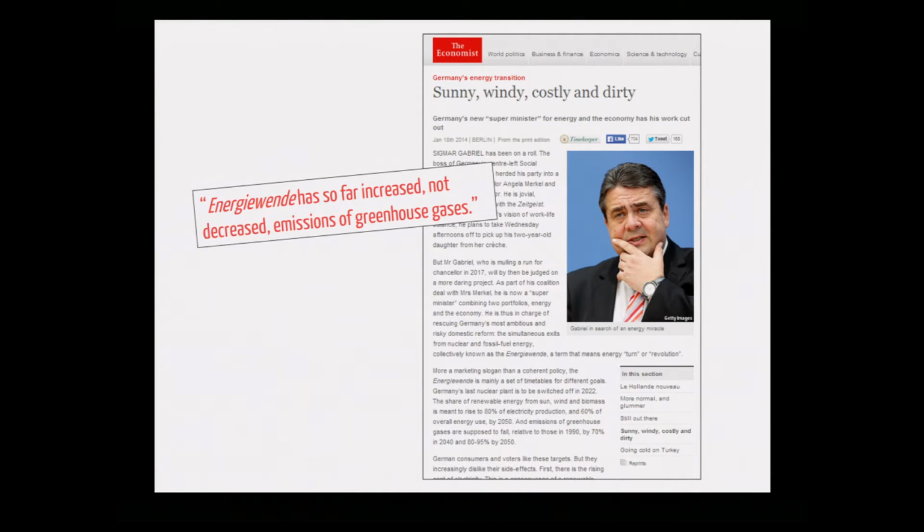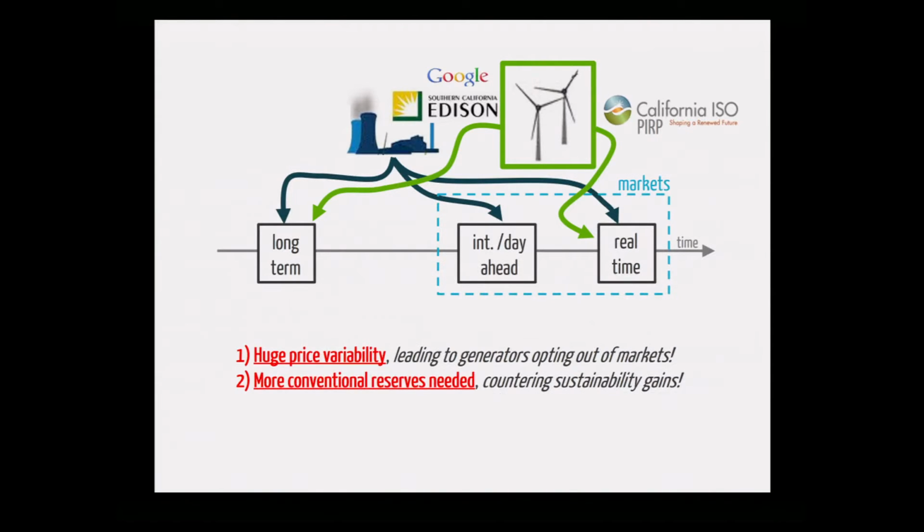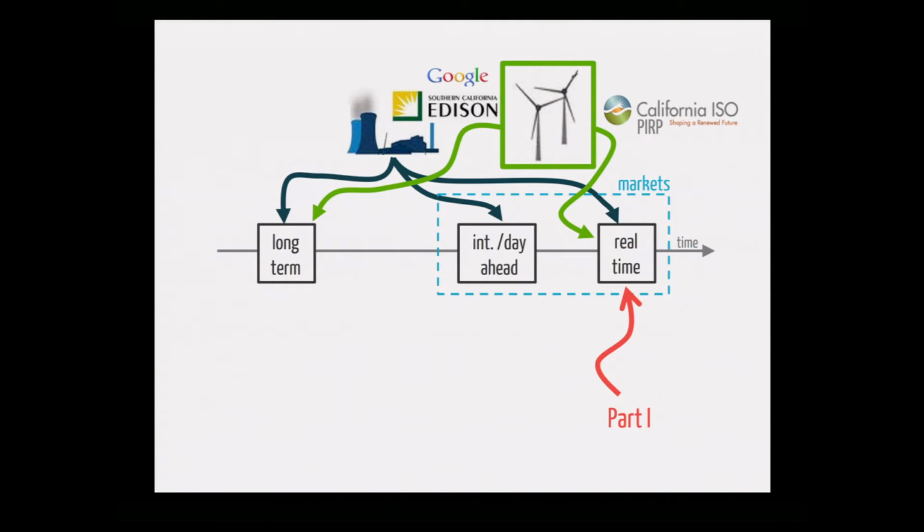And there's a lot of factors that led to this. For example, reducing nuclear, but a lot of this is as a result of basically countering the uncertainty of renewables with reserves that are very dirty. And so you end up with a situation where you need to think about how to redesign the markets to avoid these factors. That's kind of the high level.